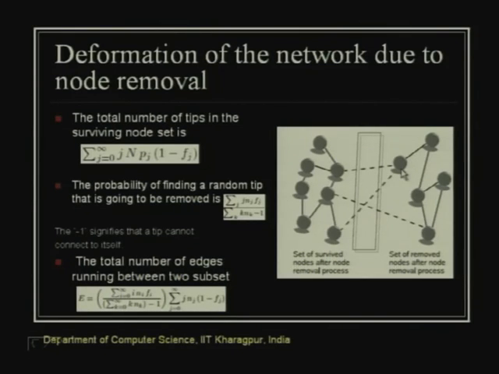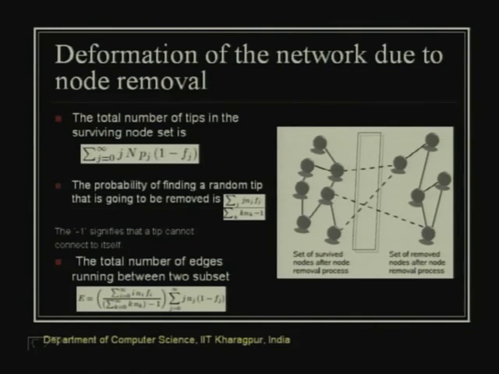Am I clear? Okay. So now how many tips are there at this side? The number of tips in the surviving side is summation of j n pj 1 minus fj. So if I multiply this into this, then what do I get? I immediately get the number of edges.